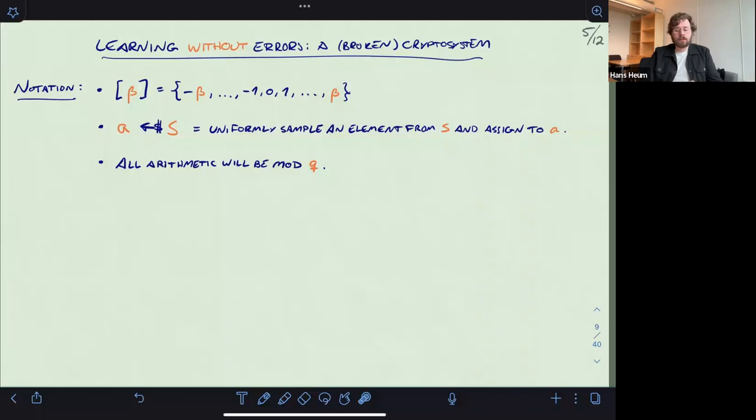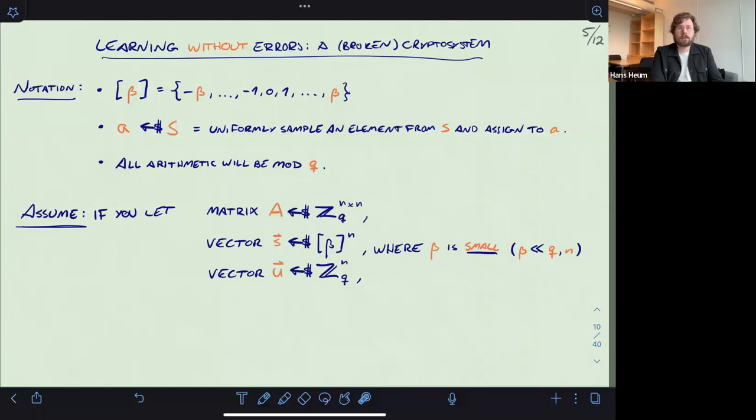Because of this, it will be useful to have a notation for the integers between minus, for instance, beta and plus beta. So we have this square bracket, meaning from minus beta to plus beta, integer values. And we use this arrow with a dollar symbol to mean that we uniformly sample an element from S and assign it to the variable A.